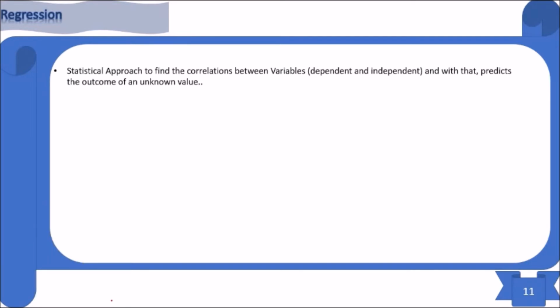So here we are dealing with the dependent variable and independent variable, and there is some correlation between those variables. We have to find this correlation between those two variables using a statistical approach, which is nothing but regression. In the context of machine learning, regression is an algorithm or technique applied to a certain data set to find the correlation between the dependent variable and the independent variable that predicts the outcome of the unknown value.